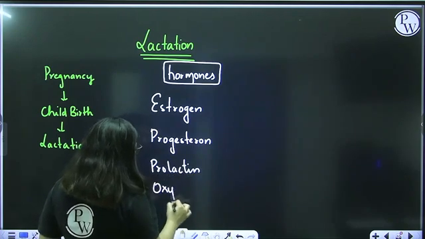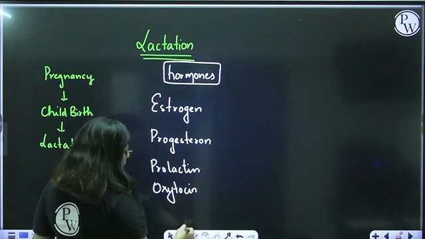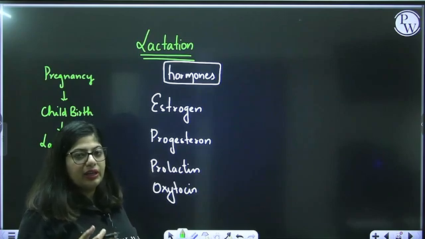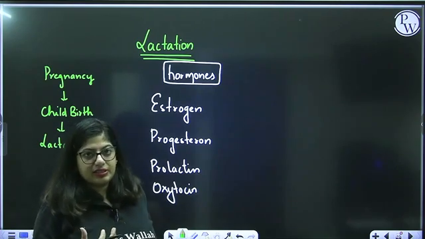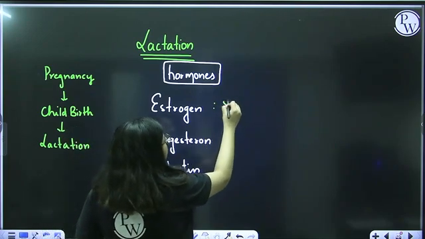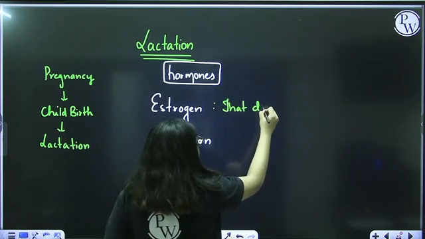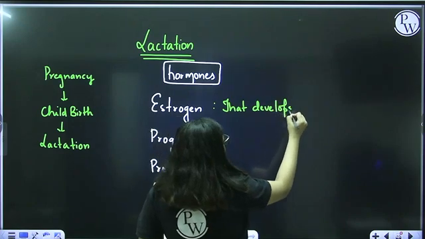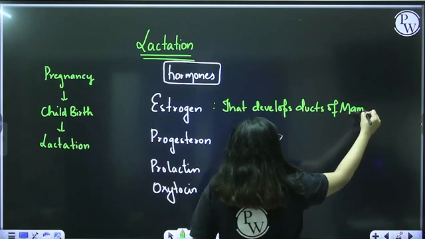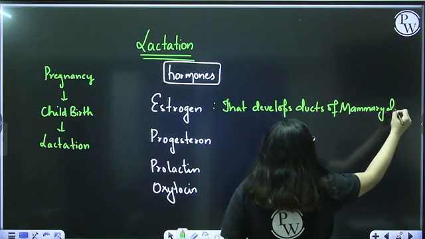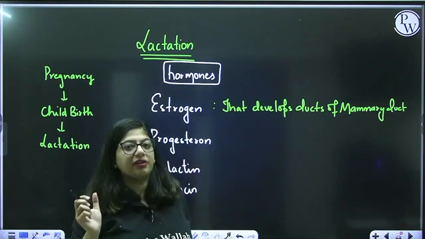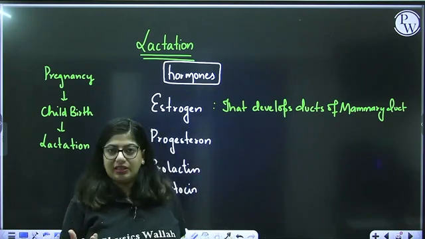When a female undergoes puberty, the size of the breast increases, and that is due to the estrogen hormone. Estrogen is the hormone that develops ducts of the mammary gland. At puberty the breasts are not developed enough to form milk, because alveoli are not developed, only ducts are developing. As a result, the size increases.